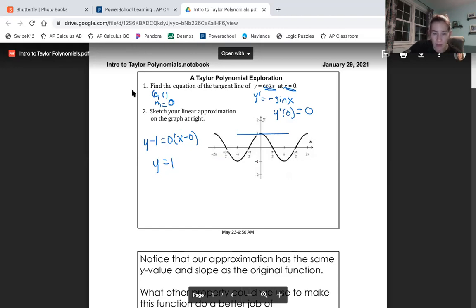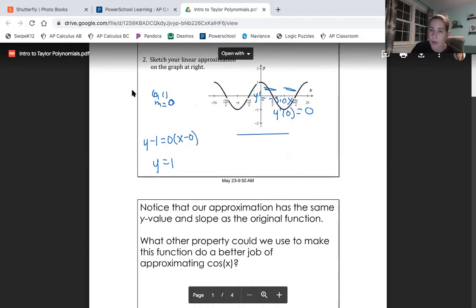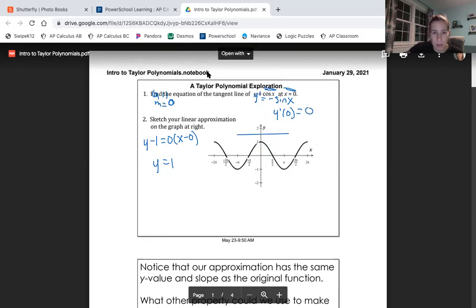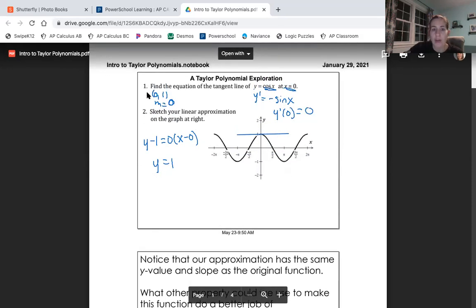So let's think for a moment about what other property of graphing a function we could use to make this polynomial that we're writing a better approximation to cosine, make it look more like cosine. And we could just go up a degree. When you're writing the equation of a tangent line, you use the y value and the slope.